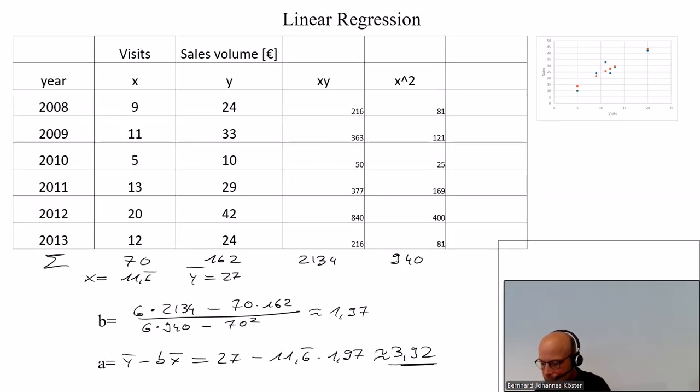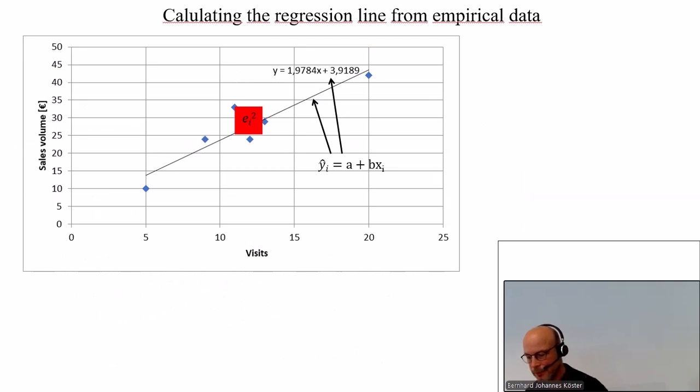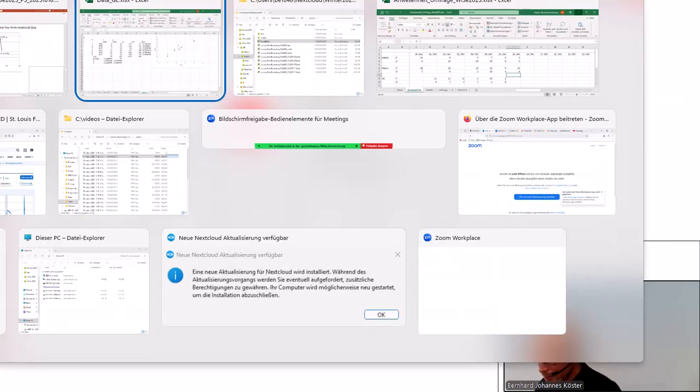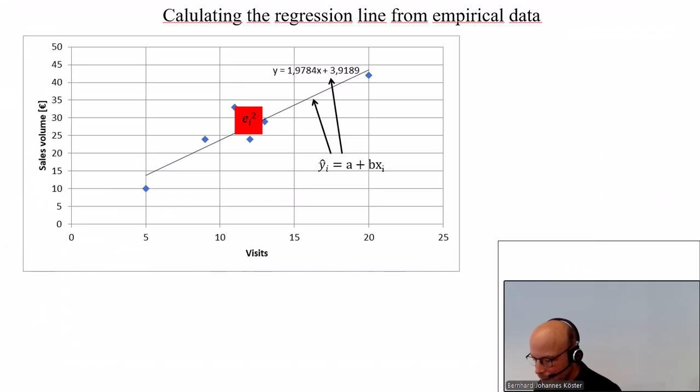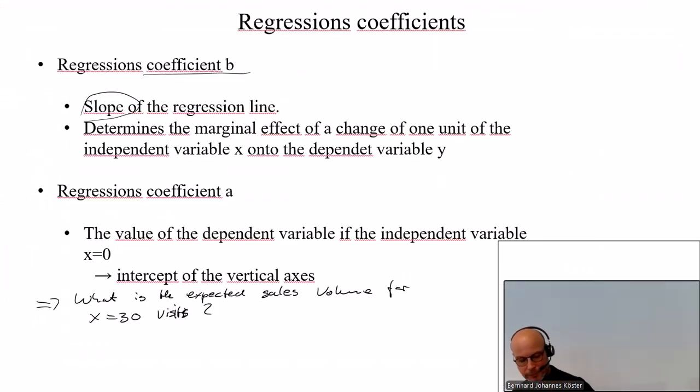Well, we have calculated our A and B. We have y hat i equals 3.92 plus 1.97 x i. Oh, not bar, but hat.